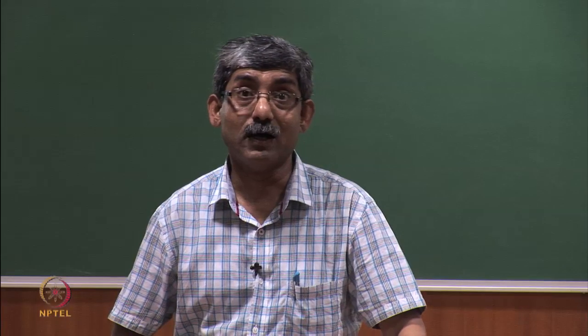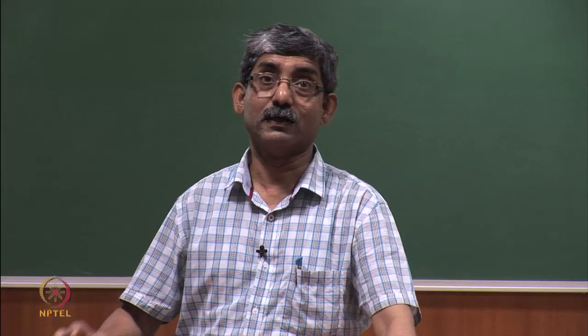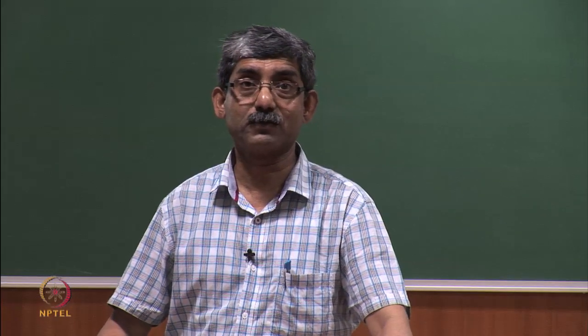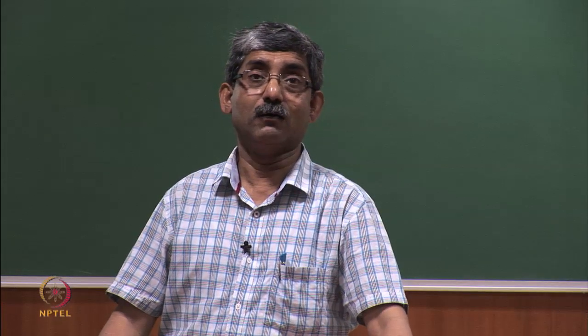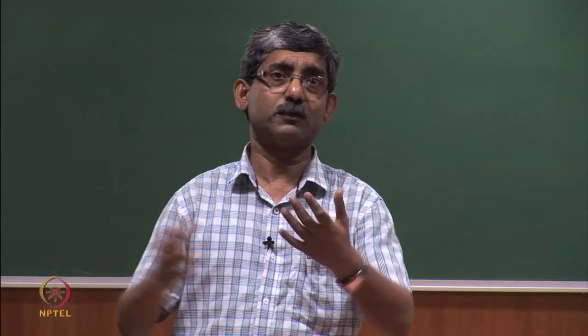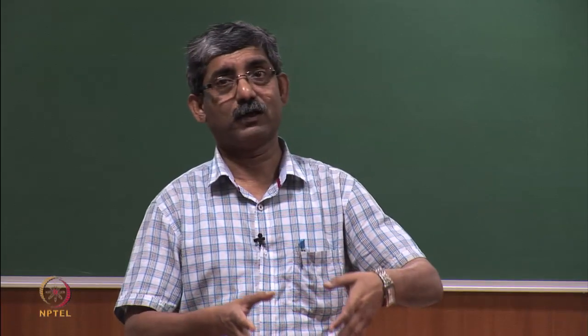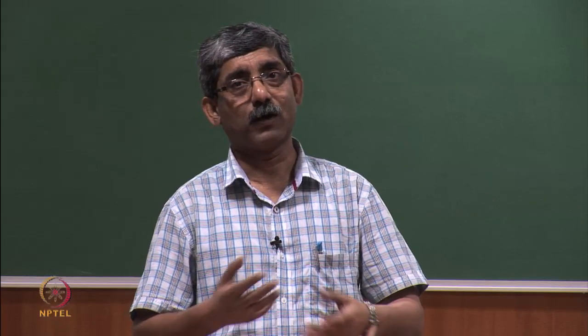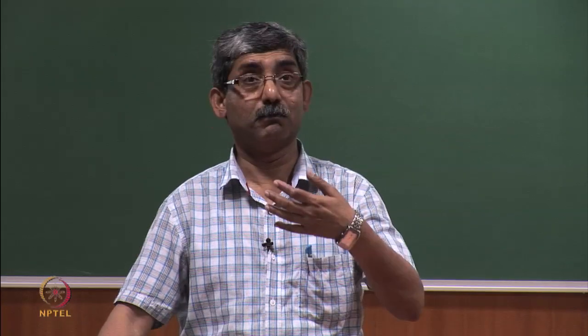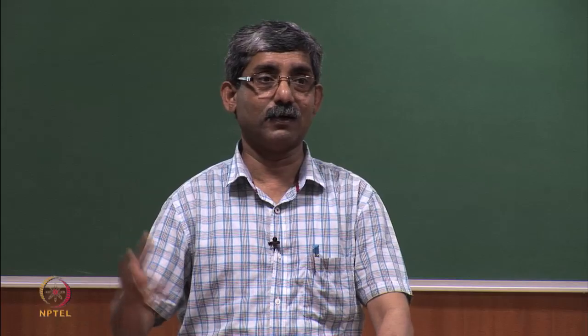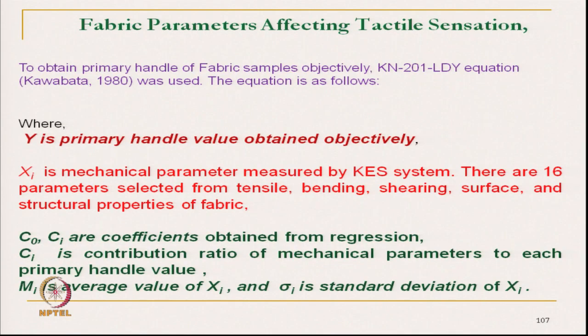And we also mentioned that ultimately we get a large number of parameters, around 16 parameters. And now, what do you do with these parameters? The Kawabata system provides one mechanism to get the overall fabric handle value using all these parameters.